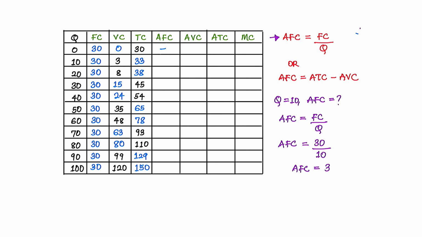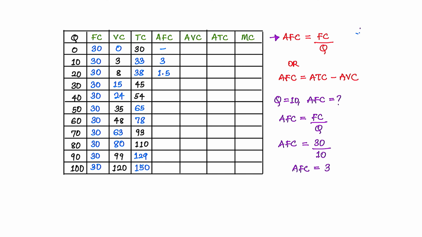So that means average fixed cost when the quantity is 10 is 3. Next, calculating the average fixed cost when quantity is 20. So the fixed cost is 30, so average fixed cost equals 30 divided by 20 using this formula. And 30 divided by 20 will give us 1.5.